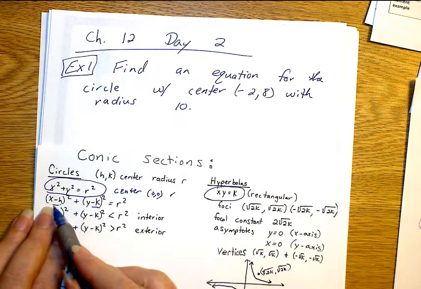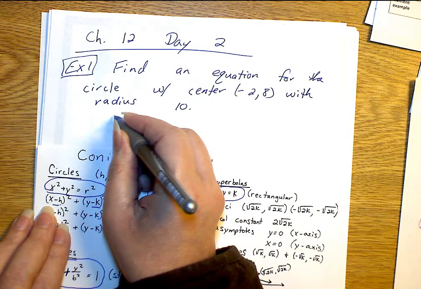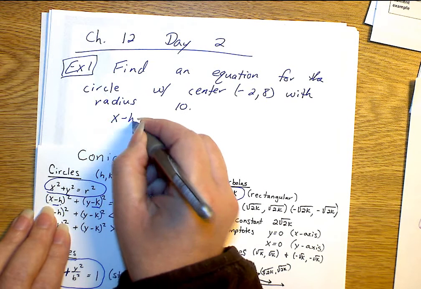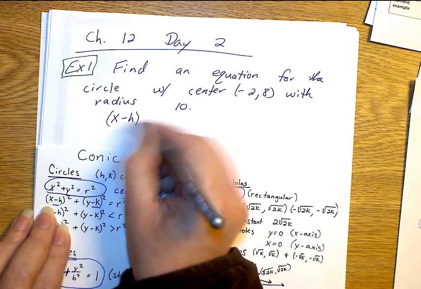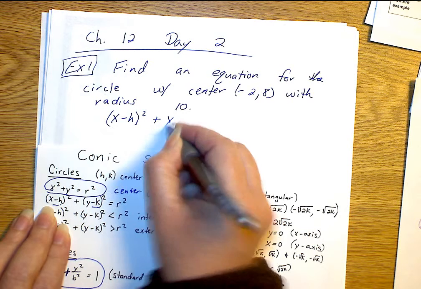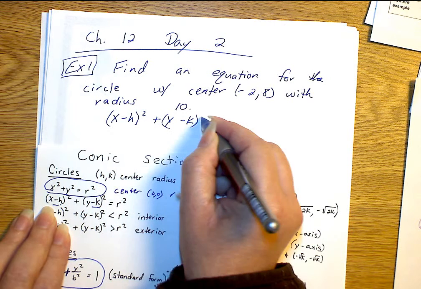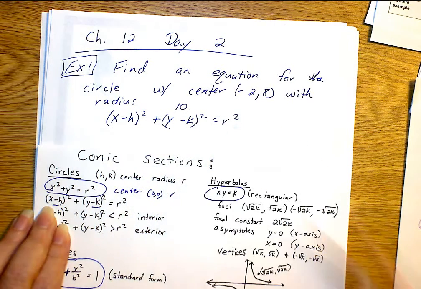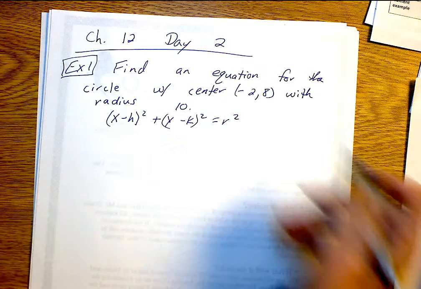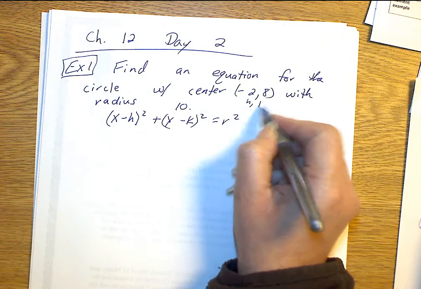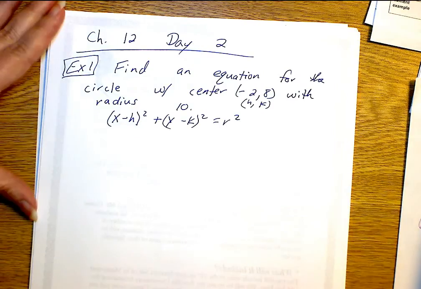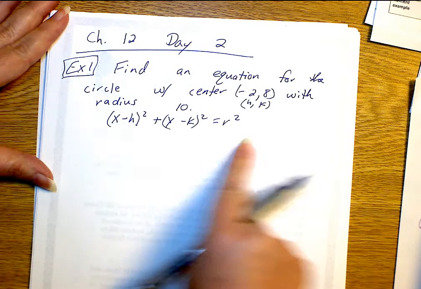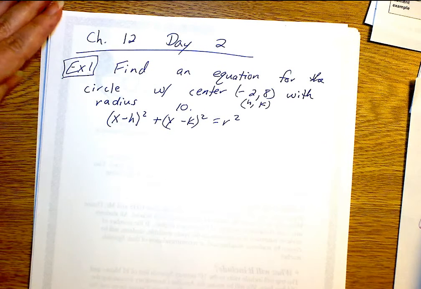The formula is (x minus h) squared plus (y minus k) squared is equal to r squared, and your center is (h, k). So it'll always be the opposite. Take a second and write the equation you think goes with this circle.